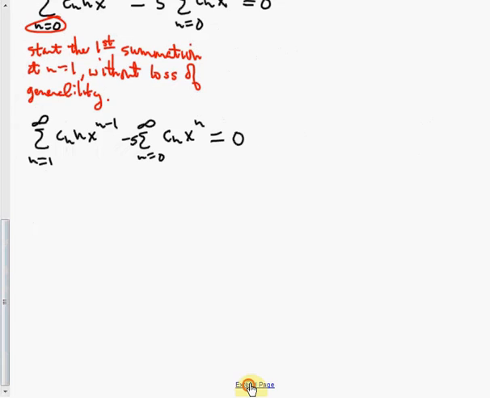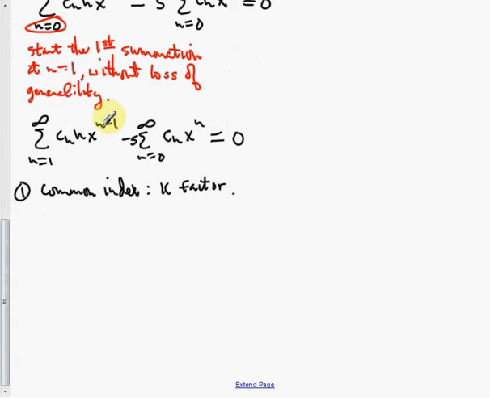That's all equal to 0. Now, I want to get my k factor. So the first step here is to get a common index, the k factor. Here's how I introduce it.